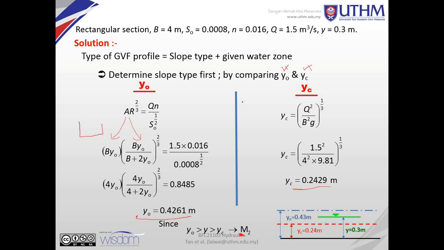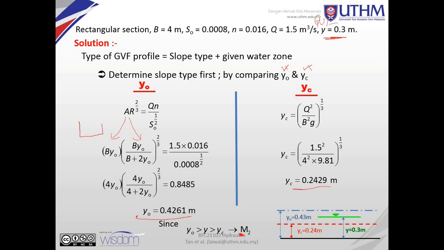Next we need to evaluate the region for this GVF. Because the GVF depth y here is given as 0.3, we need to compare 0.3 with 0.43 and 0.24.